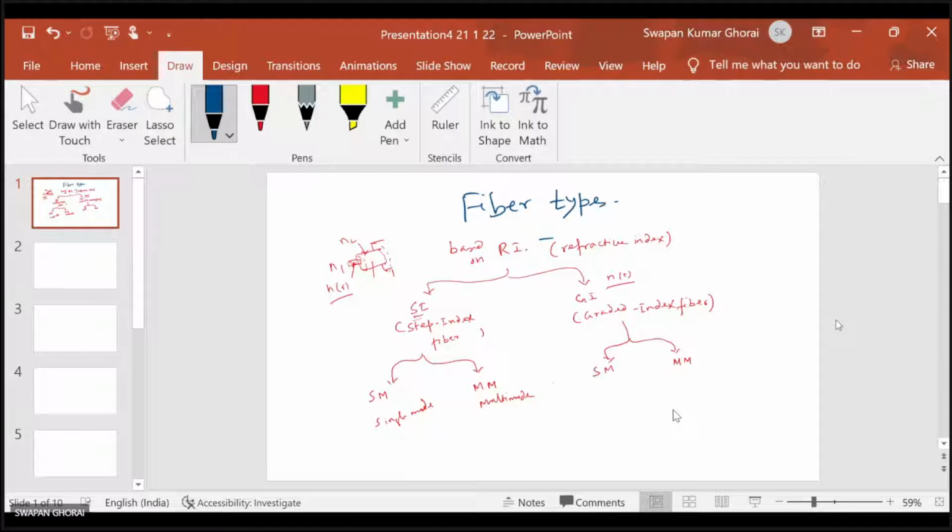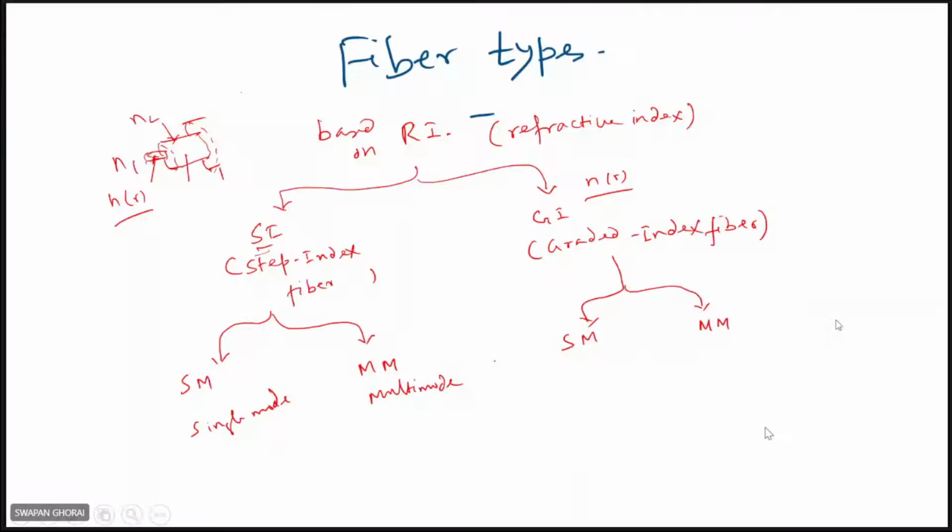So again, according to the number of modes, they can be single mode fiber or multi-mode fiber. But generally GI-SM fibers are not in practice, because GI fiber is really difficult to fabricate, since within a very small dimension you have to vary the refractive index.